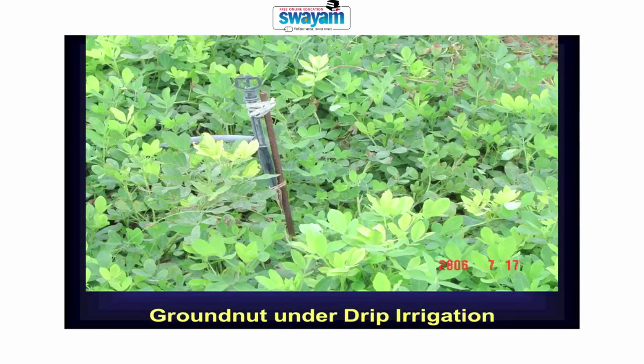More pegging means more pods. So with drip irrigation, when the crop is kept in such a way that the soil is moist all the time, you enhance the productivity of groundnut. This is a typical example of a drip irrigation system in groundnut for enhancing water productivity and crop productivity.